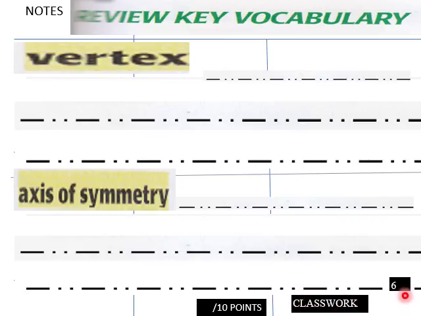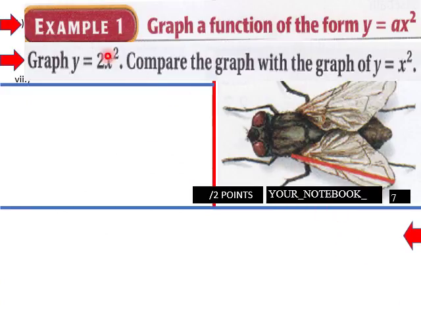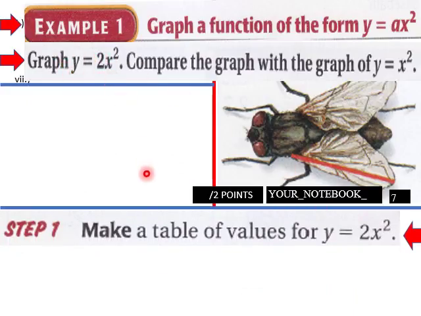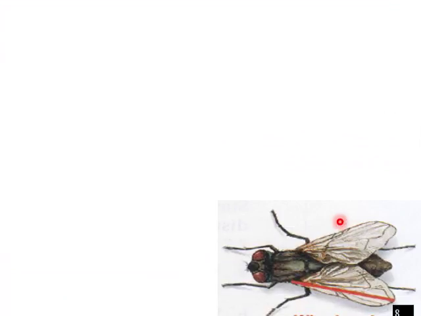This is on your classwork page. Graph y equals 2x squared. Make a table of values for y equals 2x squared. Here's your table for that function.